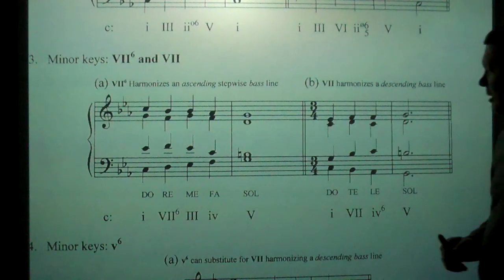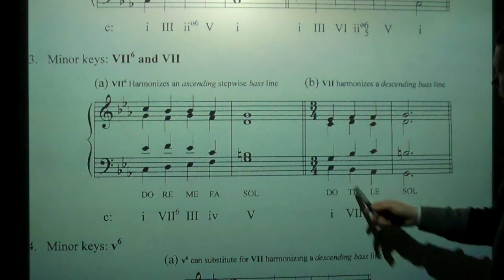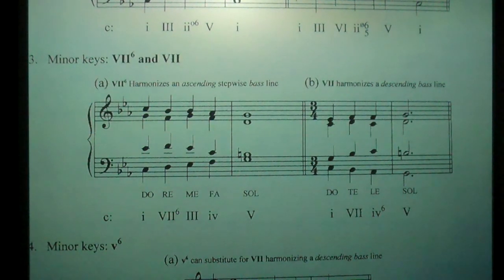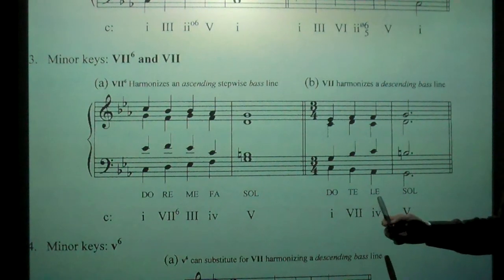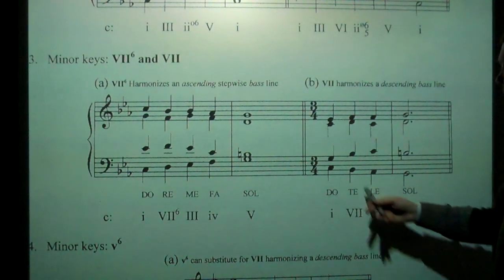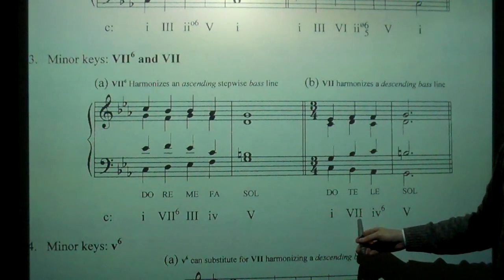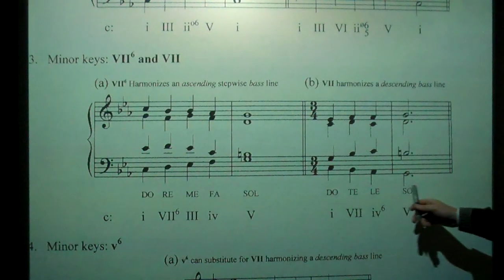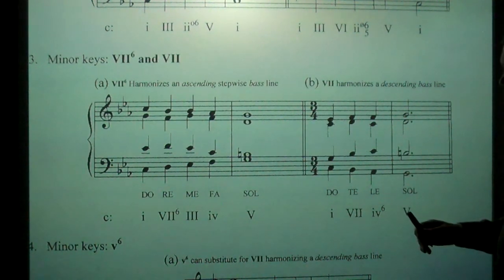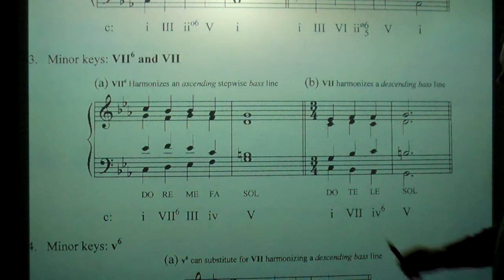And that is because in minor keys, the descending bass line will go do, te, le, sol. Notice when we have te in the bass, it is very appropriate to harmonize te in the bass with the chord capital 7. So when you have do, te, le, sol in the bass, a descending stepwise bass line, this is another progression I'd like you to memorize.